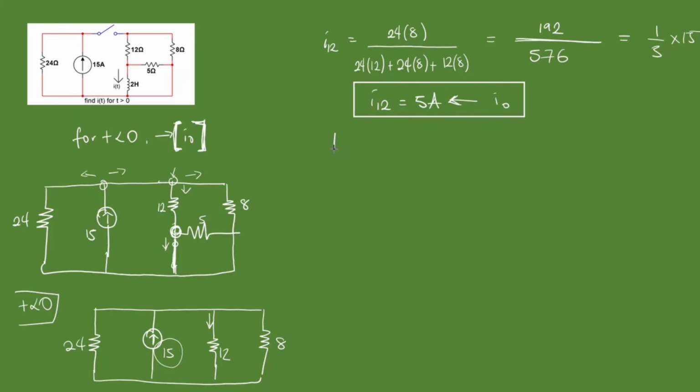Now we're going to have to solve for t greater than 0. Remember what we're looking for now is our effective resistance that will help us get our time constant, tau. So this entire left side of the circuit gets disconnected. We're going to end up with only this configuration.